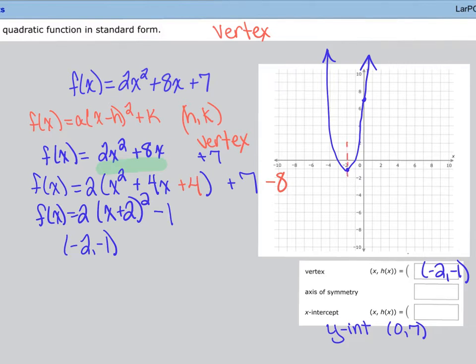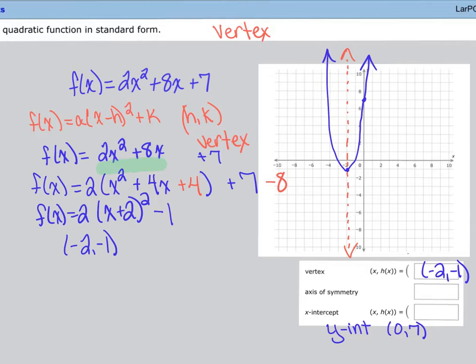And if I was a better parabola artist, and I folded my parabola on top of that line, what could you tell me? What would happen? I really am that bad of a parabola artist. It's like a butterfly. Okay? That is our axis of symmetry.